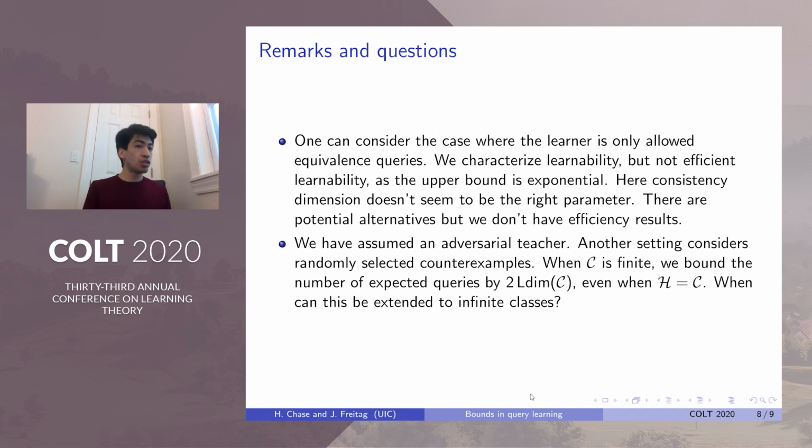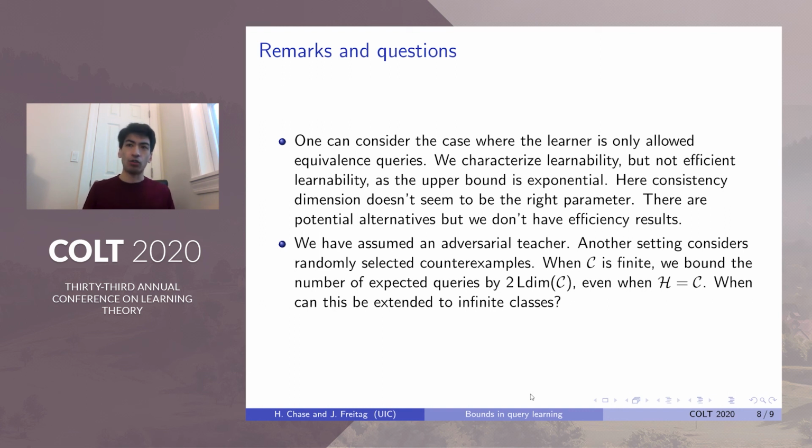We've also looked at the worst case number of queries, which is essentially assuming an adversarial teacher, a teacher giving us the least informative information that they can. We can also look at what happens if counterexamples are randomly selected, and look to bound the expected number of queries.